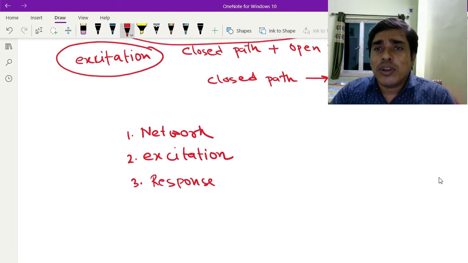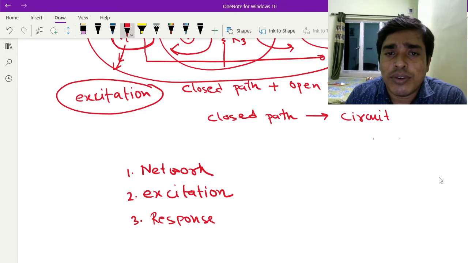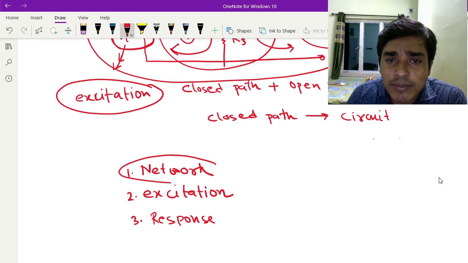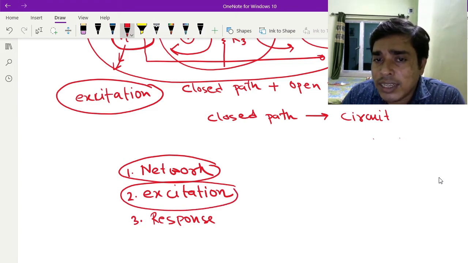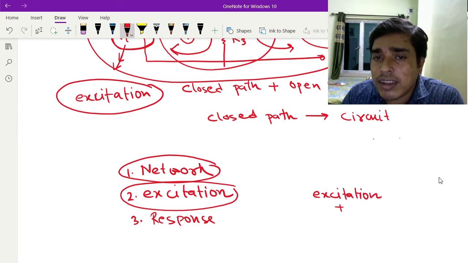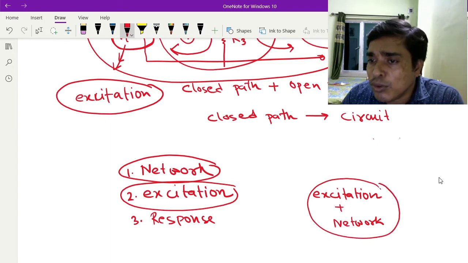When your known factors are excitation and network, these two parts you already know.